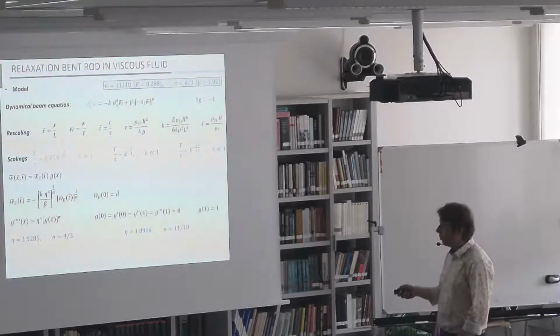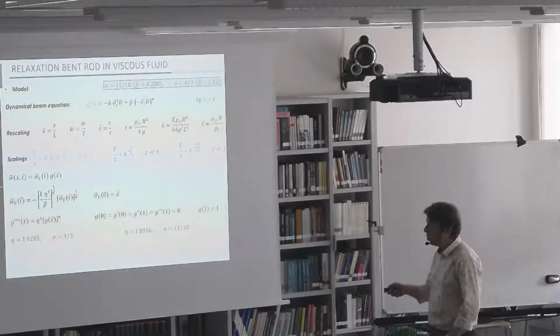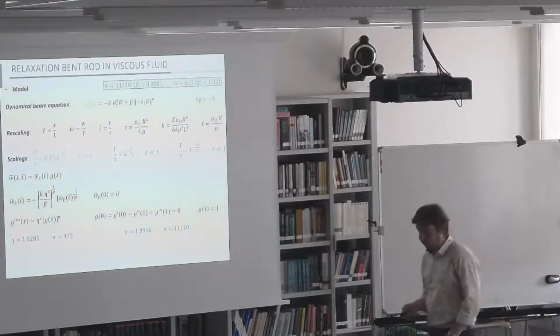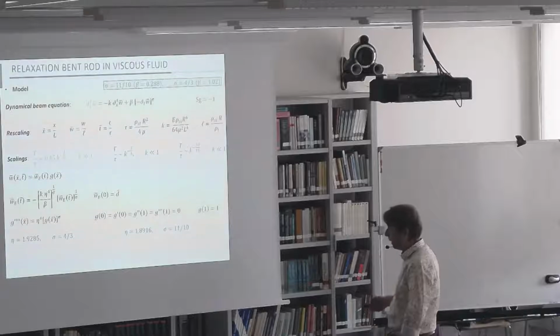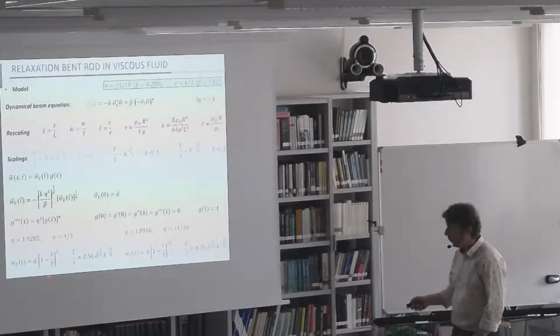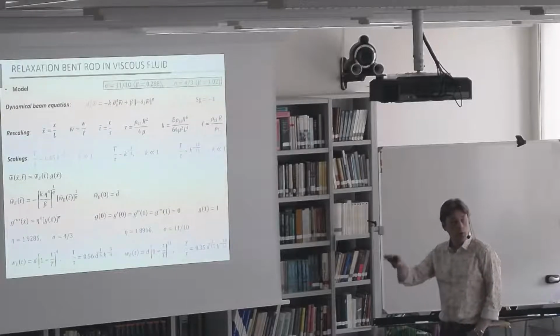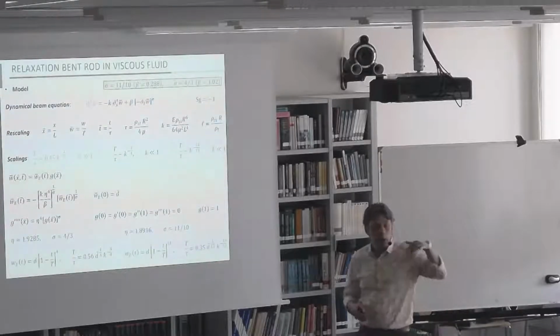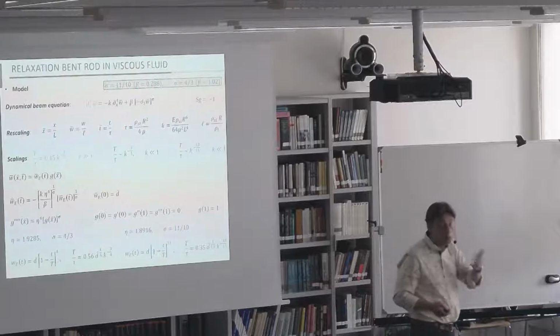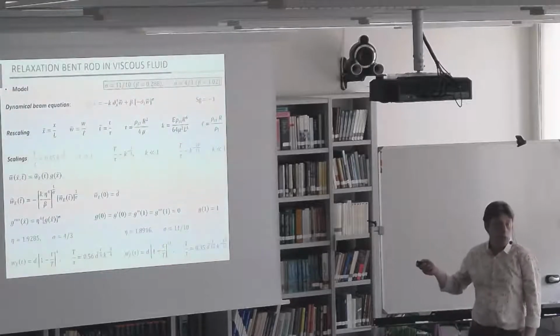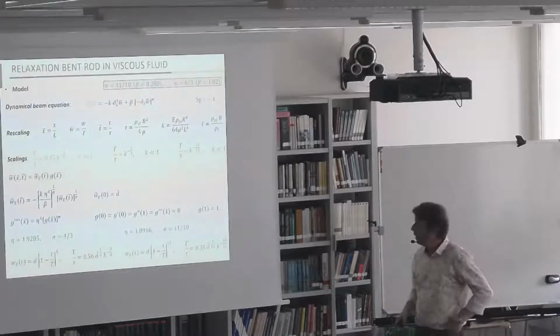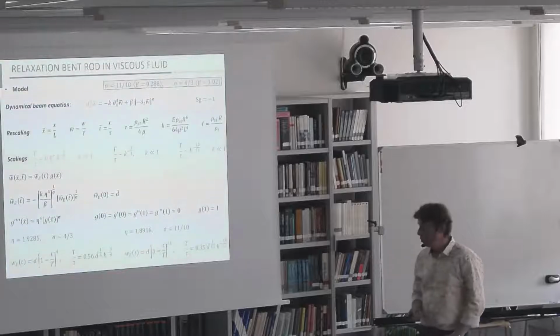And now you can solve this non-linear equation, but this is first order, so you can do it for these two values of sigma. And you get a polynomial evolution, it is a polynomial relaxation dynamic. So it's not exponential because the force is not linear. You would get an exponential relaxation only if you use a linear force.